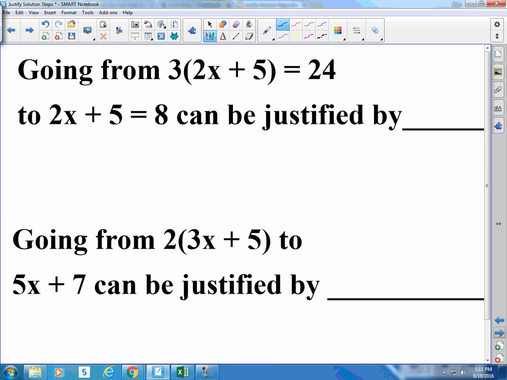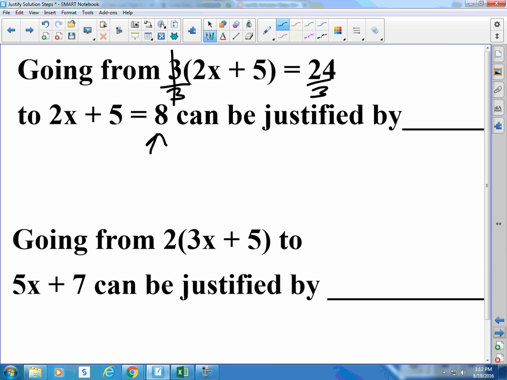Going from 3 times the quantity 2x plus 5 equals 24 to 2x plus 5 equals 8, well, we could have divided both sides by 3. That's the opposite of multiply by 3. 3 divided by 3 is 1. 24 divided by 3 is 8.